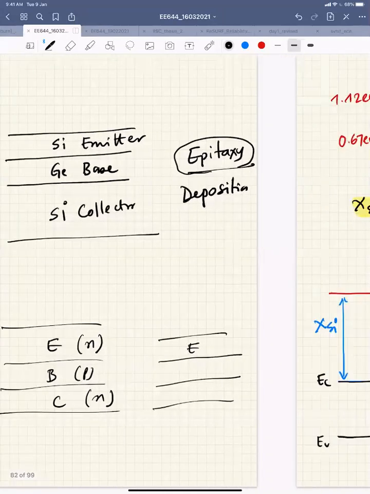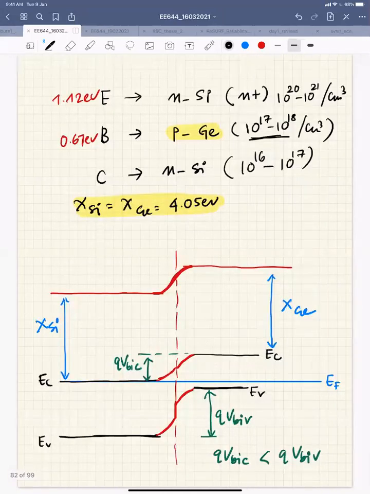We have also looked at this. If you draw the band diagram, because if you take a heterostructure, let's say you take n-type silicon and p-type germanium, and you draw your band diagram, it will look like this. So this is your band diagram.